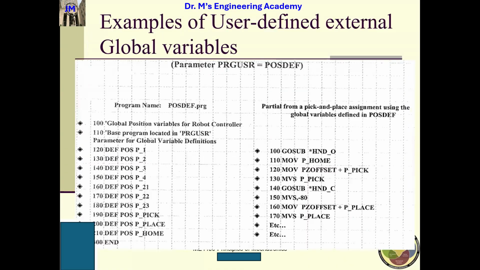So here's an example. User-defined external global variable. I always tell my students that the best way of learning a new language is to have a functioning example program. Do you guys agree?